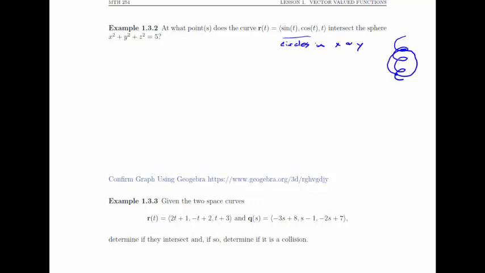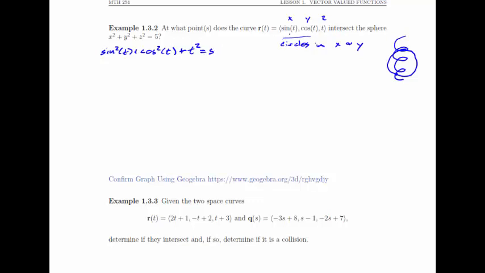So if we want to find these points, this is my x, this is my y, and this is my z for this vector valued function. So I can take these and plug them in for x, y, and z respectively in my sphere and see where we're going to end up crossing each other. So we get sine squared of t plus cosine squared of t plus t squared equals 5.